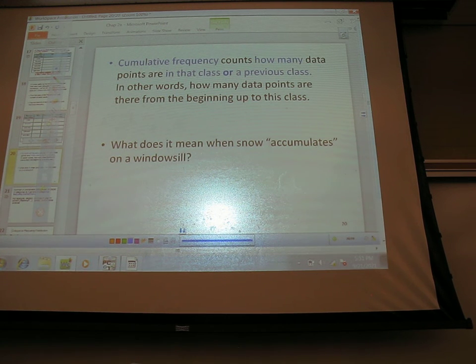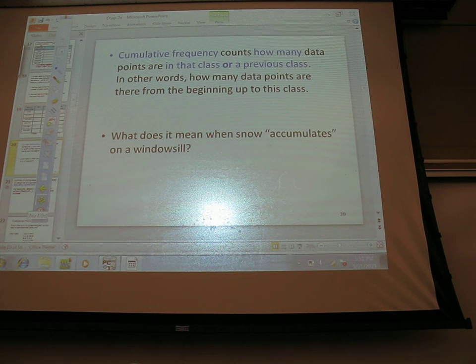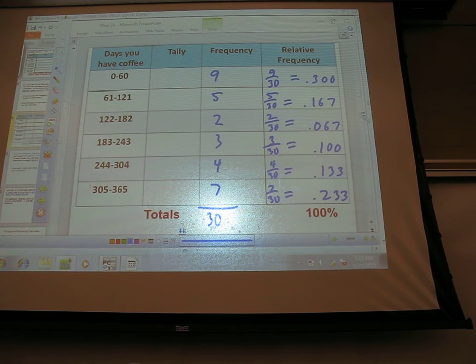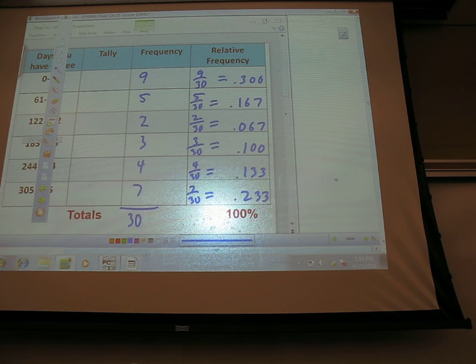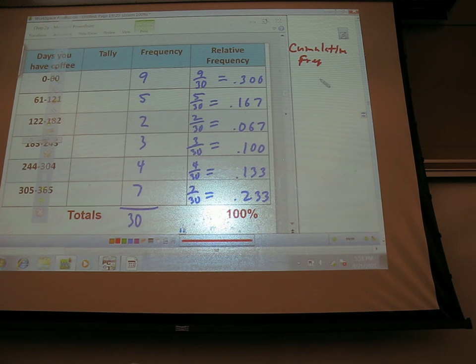So, let me show you what I mean. We'll add a little area over here for cumulative frequency. All right, so this first class has 9 people in it.